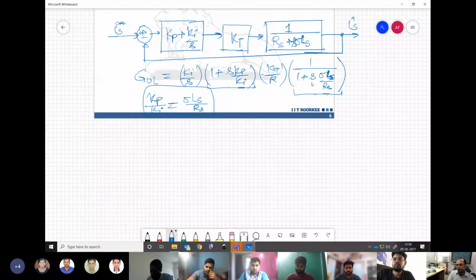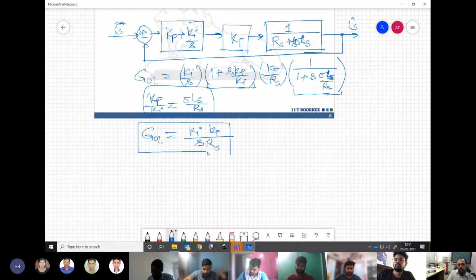Yes. Then what we are remaining with is this open loop plant, RS. That is all. Rest all things are cancelled. So our simplified open loop plant is this.